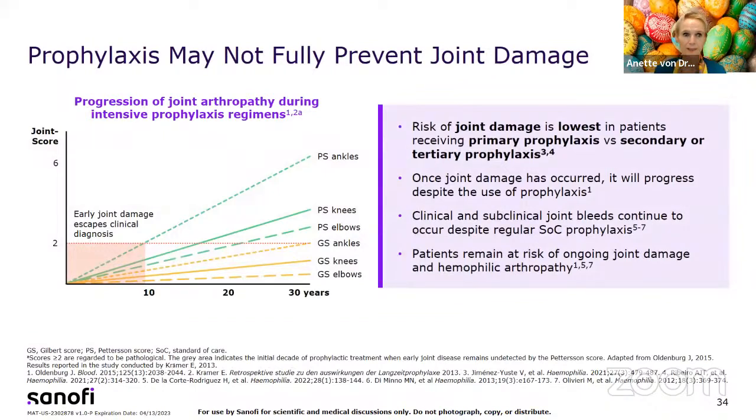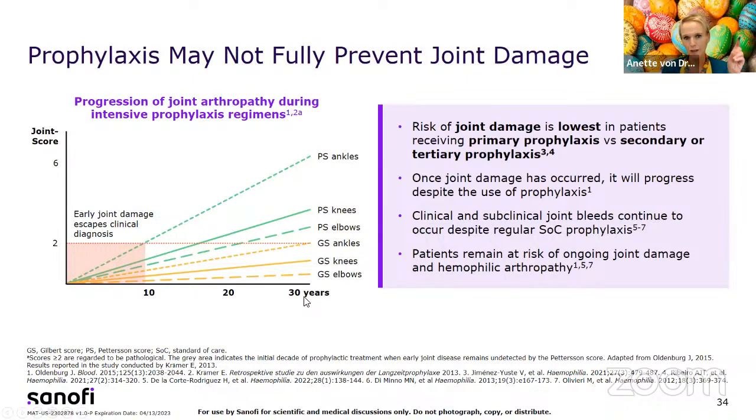So now we, I think, understand that prophylaxis may not fully prevent joint damage, and there's just more data to show progression of joint arthropathy during intensive prophylaxis regimens. And as you can see, this all dates back 10, 20, 30 years here on the x-axis, showing the course over 30 years.